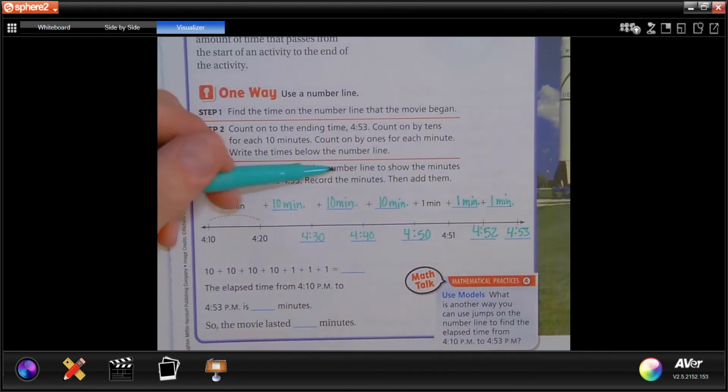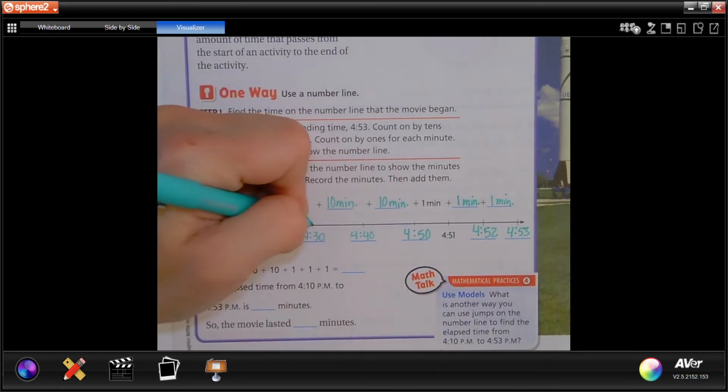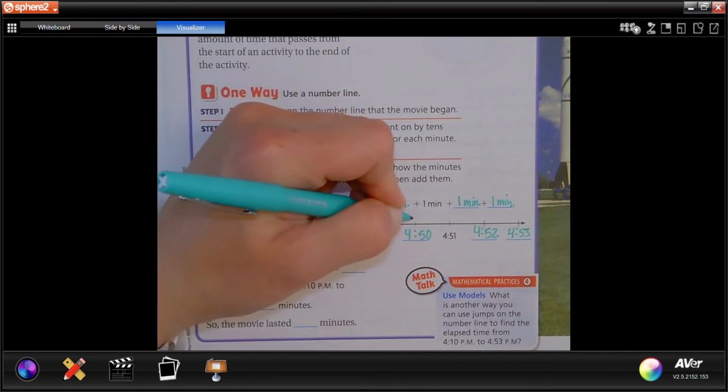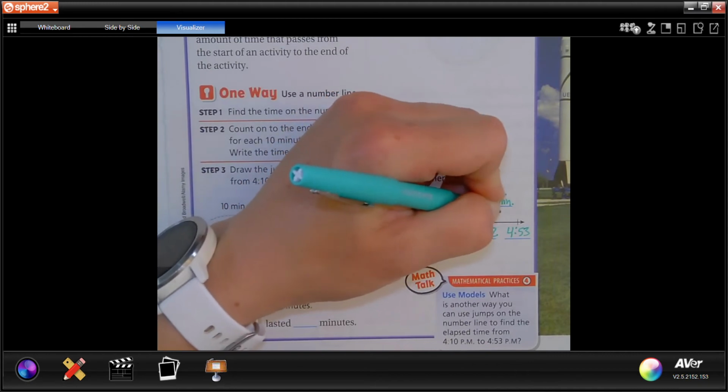Draw the jumps on the number line to show the minutes from 4:10 to 4:53. Record the minutes, then add them. Okay, so 10 minutes here, 10, 10, 10, 1, 1, 1.